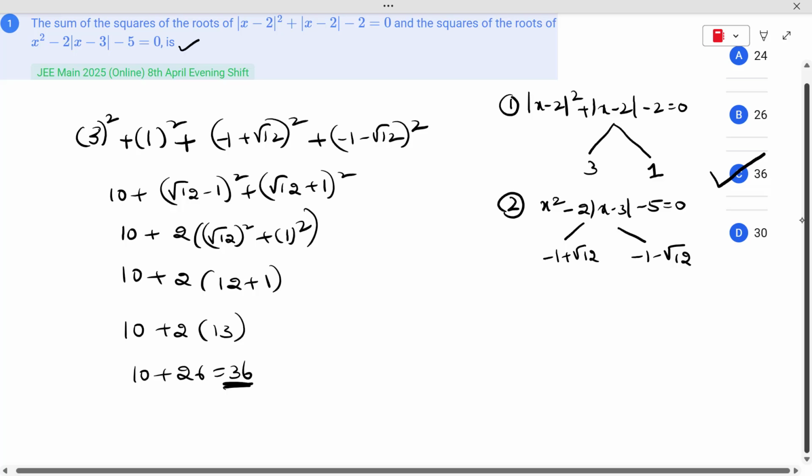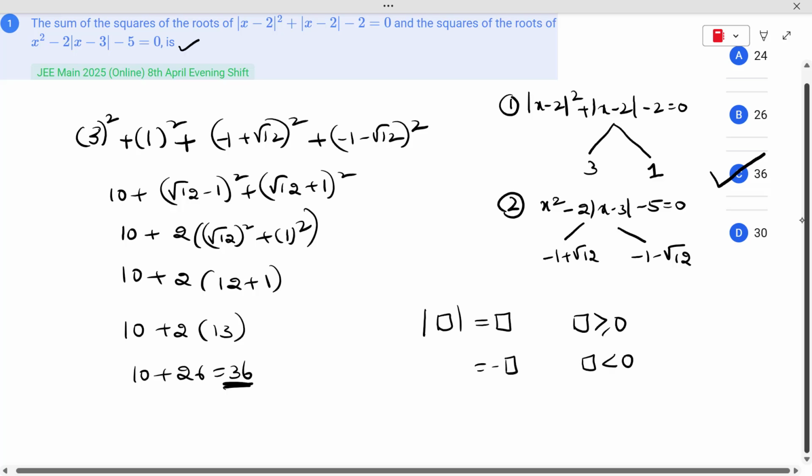What is the understanding from this question? Whenever you get a quadratic equation in modulus linked questions, always split the quadratic accordingly, as mod of something is equal to that something when it is positive, and minus of it when it is negative.